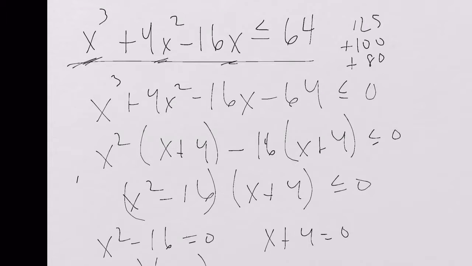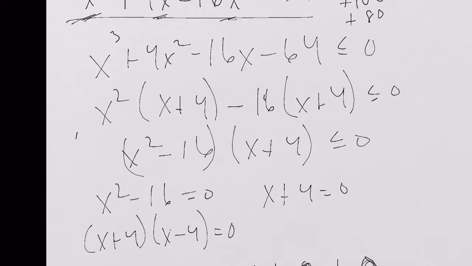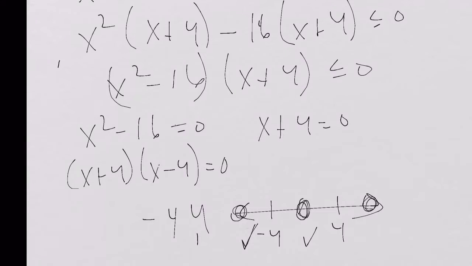So when I used negative 5, I would get negative 125, positive 100, and then a positive 80. So that's 180 minus 125. That would give me a 55. 55 is still less than or equal to 64. So we are still good with checking this one.